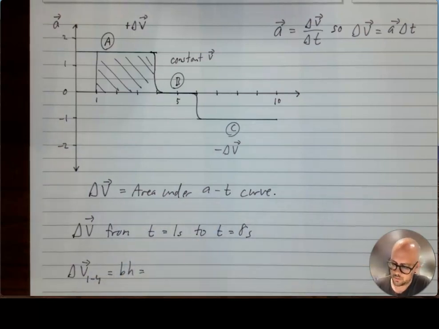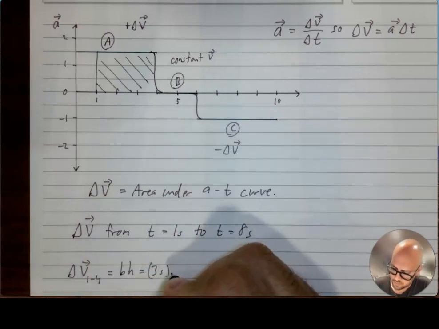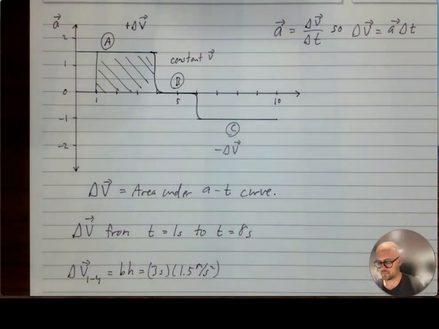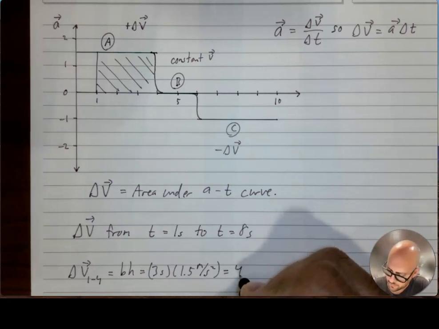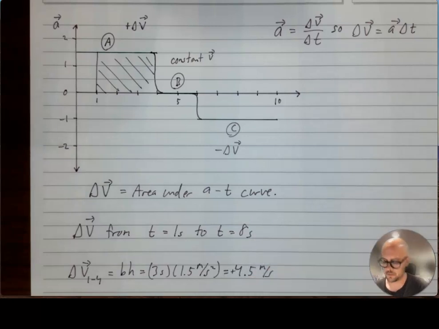So that's 3 seconds times 1.5 meters per second squared. Acceleration times time gets you a velocity. So 1.5 times 3 is going to be 4.5 meters per second, and that's going to be positive.